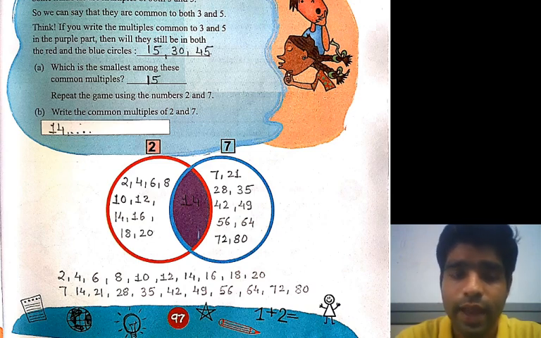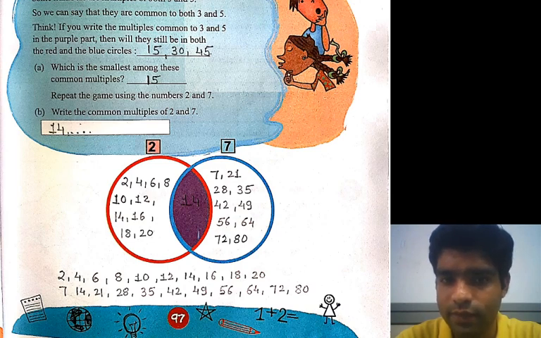Understood? By using the tables we have to find the common multiple of 2 and 7. Now see the table of 2 and the table of 7. The common number is only one.